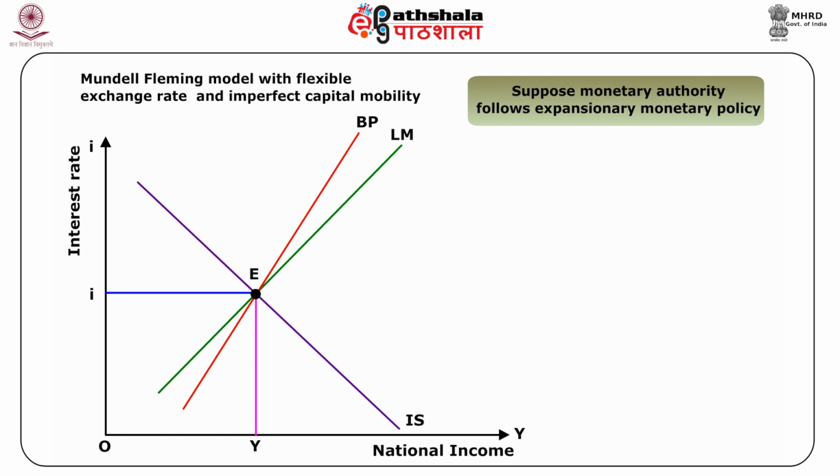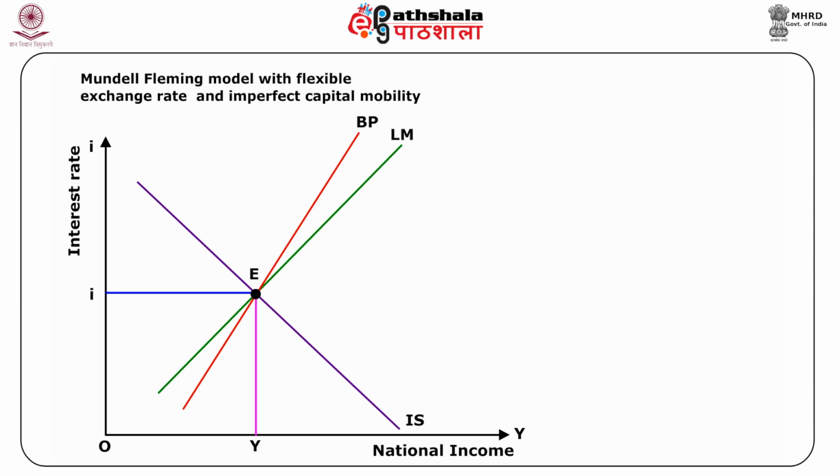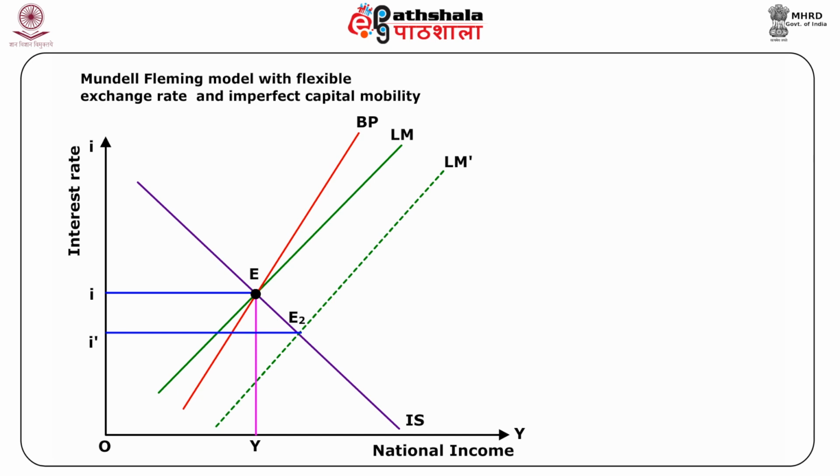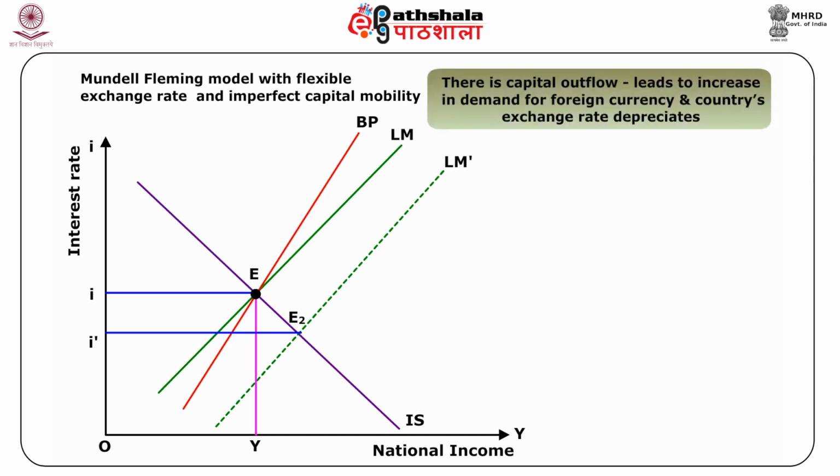Suppose the monetary authority follows an expansionary monetary policy which shifts the LM curve to the right to LM dash and intersects at E2. This leads to a short-run BOP deficit because point E2 is below and to the right of the BP curve. With the fall in the interest rate to I dash, there is a capital outflow.